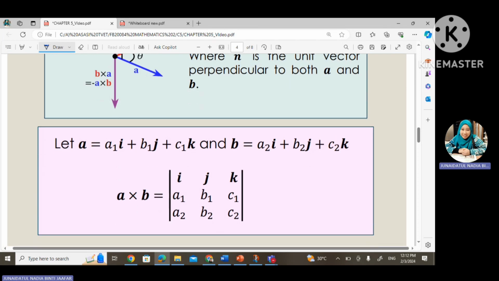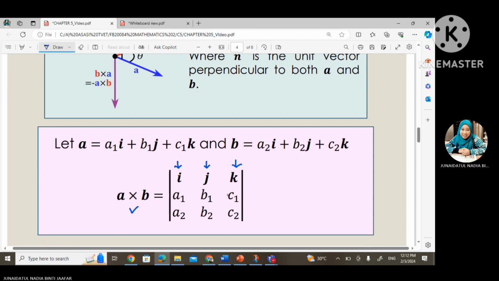So the cross product or the vector product between vector A and vector B, we can write it like this. A cross B equals, in the form of a matrix, for the first column we have i, the second column is for j, and the third column is for k.